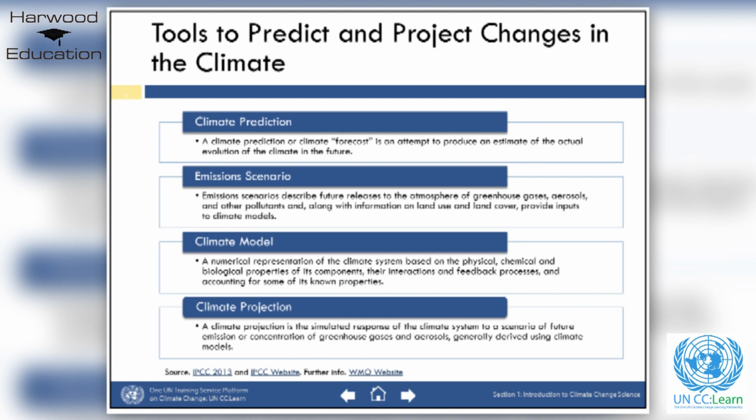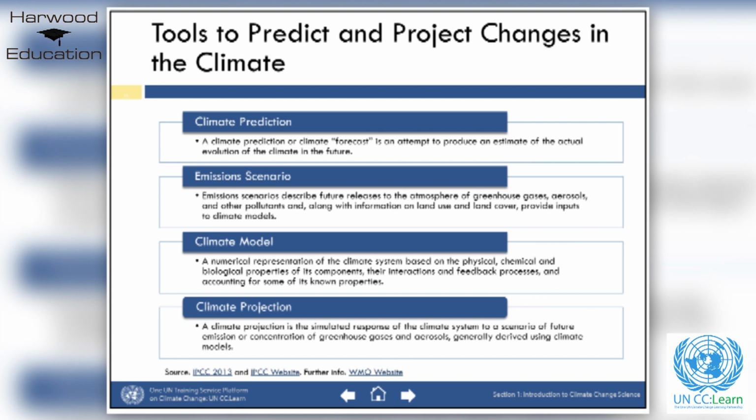One of the inputs to a climate model are emission scenarios, which estimate future releases of greenhouse gases and aerosols to the atmosphere based on assumptions concerning, for example, future socio-economic and technological developments.